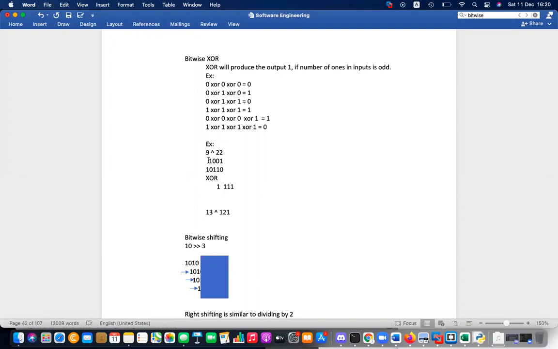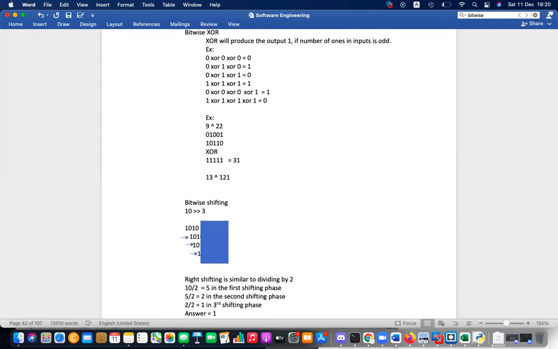Then here you have to put 0. Then 0, 1, again 1. So altogether it's 5 ones. Similar to the OR gate results, you'll get the XOR gate results: 1, 1, 1, 1, 1. So the number is 31. That is how you get that number.